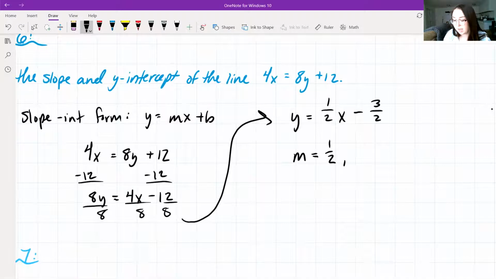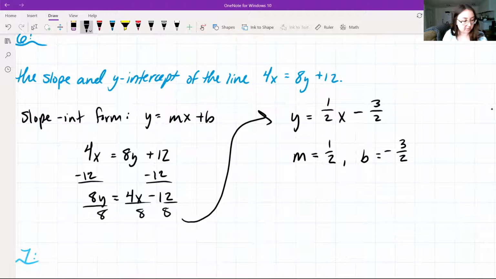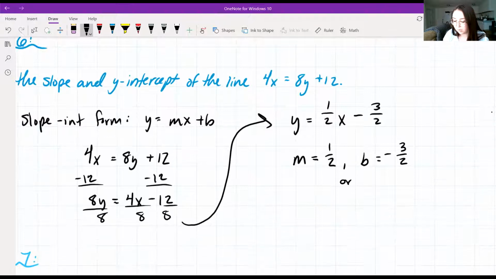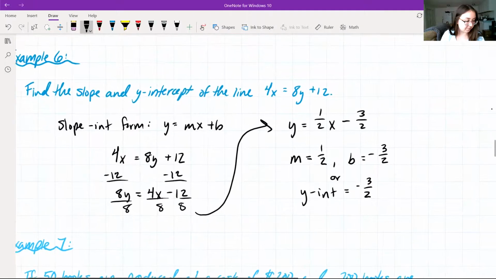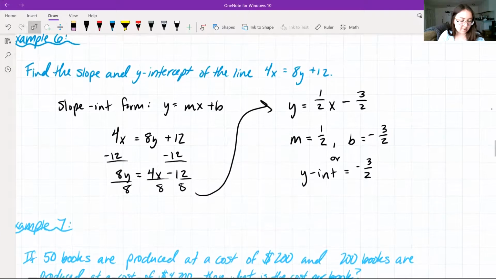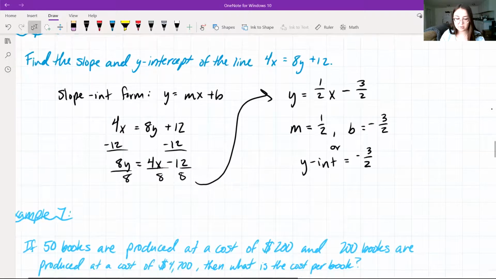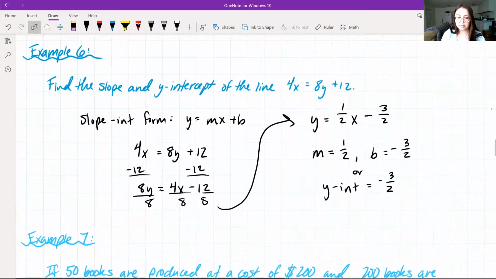So this means that b is equal to -3/2, or that our y-intercept is equal to -3/2. All right, so we found the slope and the y-intercept of that line.